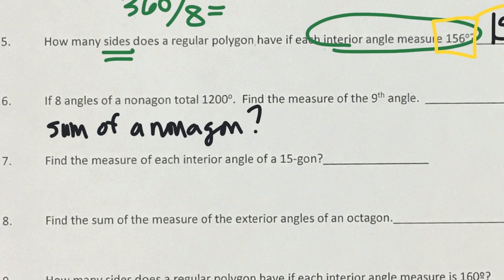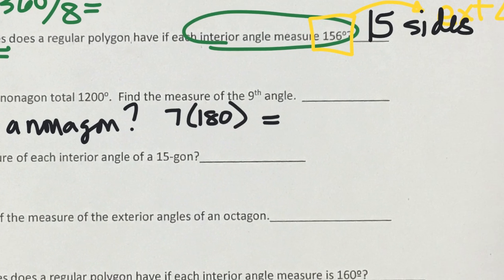What do all 9 of the angles add up to? So that's n minus 2 times 180, which is 7 times 180, which is 1260 degrees.